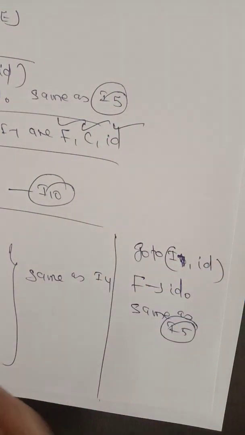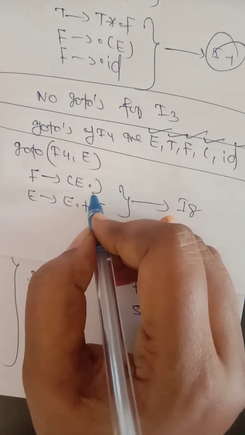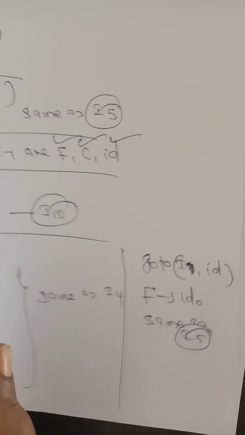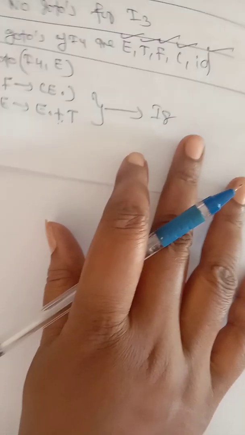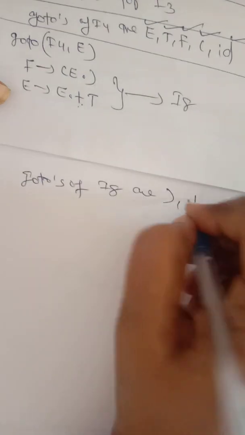Then come to I8. Here in I8 we are having two kinds of go tos: one is close bracket, second one is plus. So the go tos of I8 are close bracket comma plus.